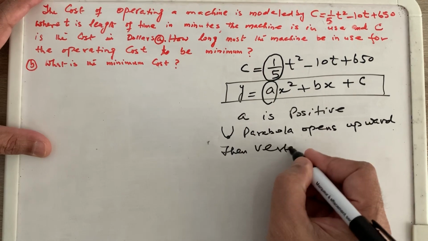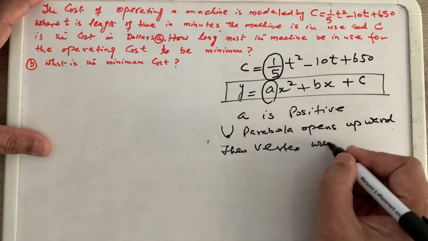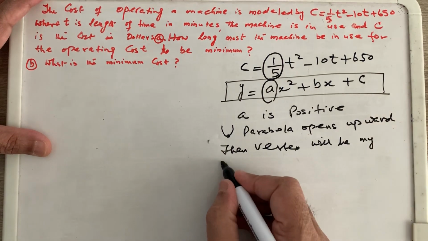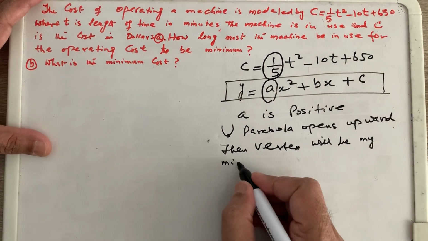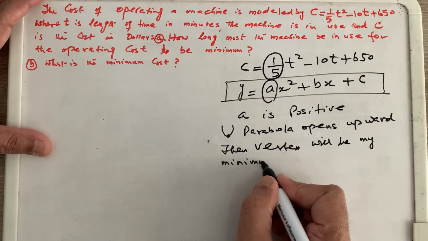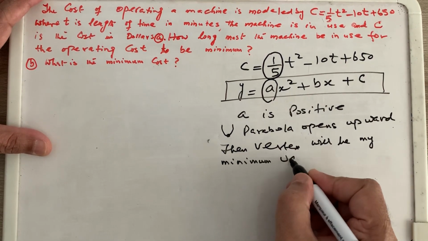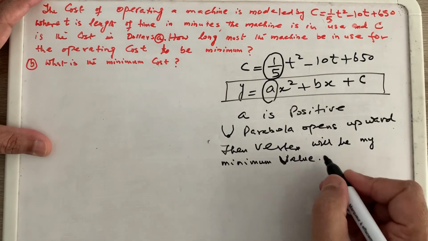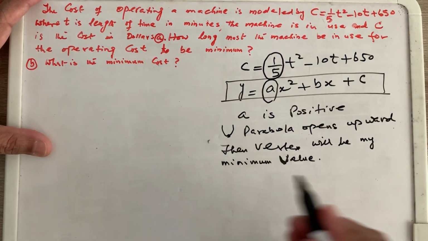So I will write, the vertex will be my minimum value. That means in my case, this will be the minimum operating cost if I find this vertex, right?